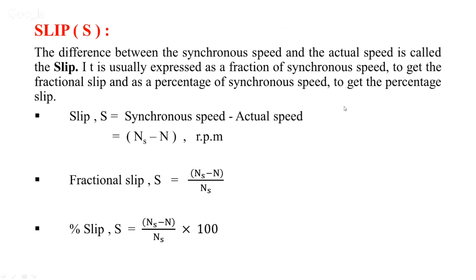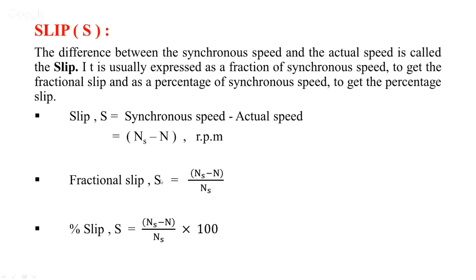We have stated here, the difference between the synchronous speed and the actual speed is called slip. So slip equals synchronous speed minus actual speed, ns minus n, where n is the actual speed, and the unit is RPM.